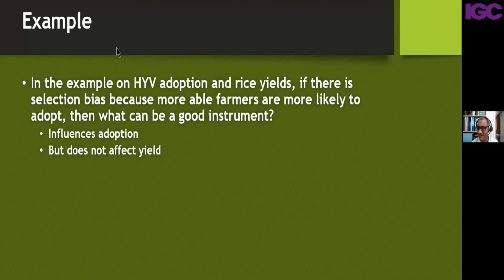Okay, so let us then move on to a discussion of some of the other evaluation methods that you can use. The first one which I want to discuss is the regression discontinuity design.